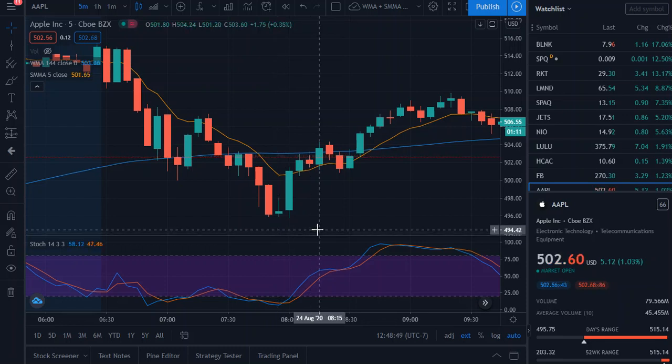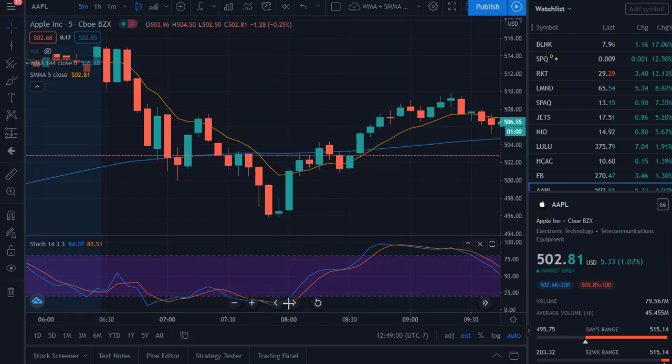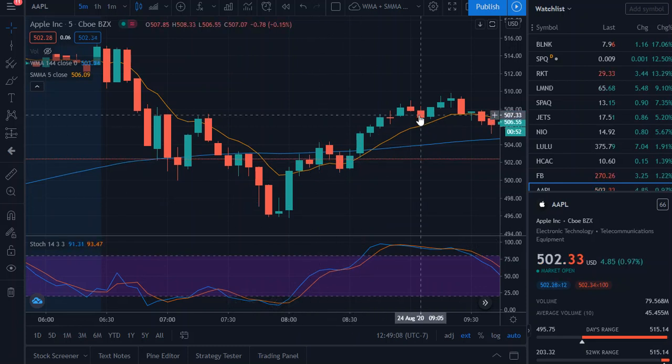But to keep it at a high level for you guys, just look for the trend on the smooth moving average. Just look to see, are the candlesticks above or below? If you see that they're above, and you also see here that the stock is pushing out of this oversold area and it's pushing up, especially if it's aggressively pushing up, that is a good sign of an uptrend based on the volatility.